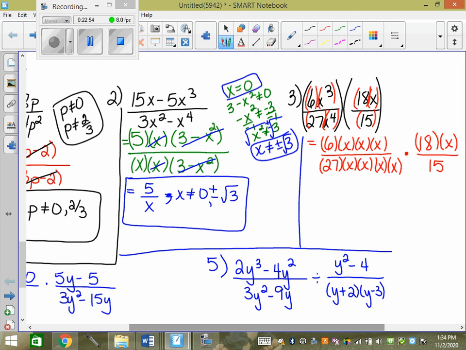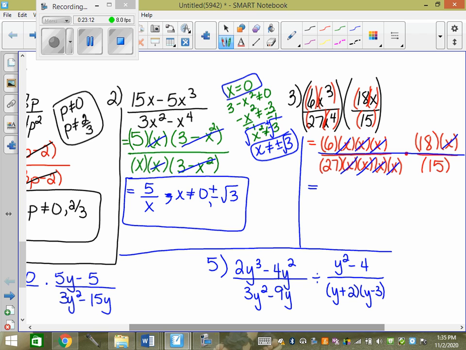Now remember, when we have a multiplication symbol and we've done all the reducing we can, we can just make it all one numerator and all one denominator. Anything that matches on the top and the bottom can cancel. So an x and an x cancel, an x and an x cancel, an x and an x cancel, an x and an x cancel.